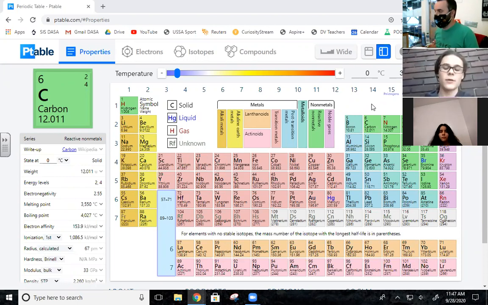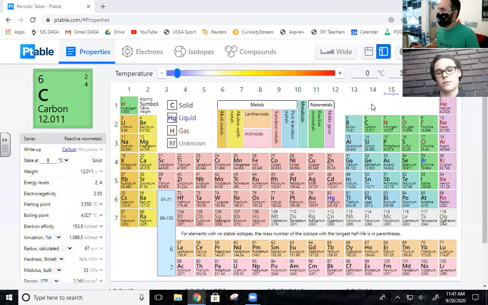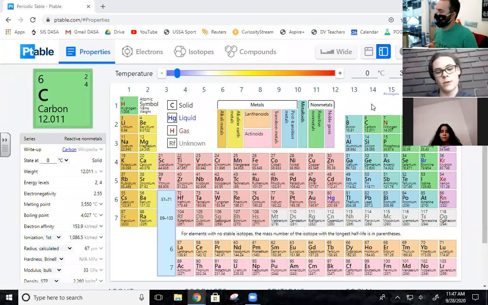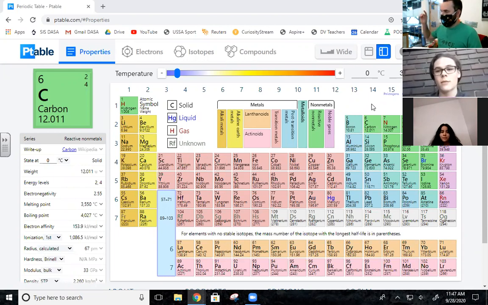Okay, that's an interesting way to put it. I get what you're saying, but Quinn? Yes, the distance between the nucleus and the outermost valence electrons. So it really is just the size of the atom. All of you are trying to make it more complex than it actually is. It is just the size of the atom.